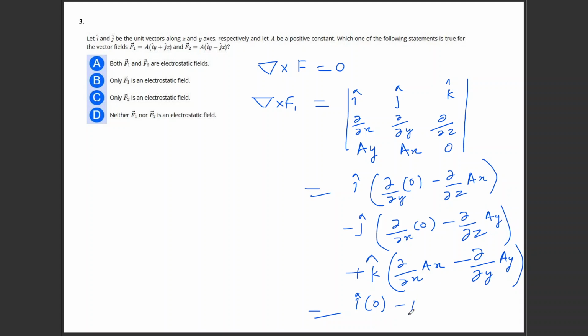So minus j cap into 0. Now dou by dou x of ax, a is a constant, so if you differentiate it, you'll get a. Dou by dou y of ay is again a. So a minus a is 0. So k times (a minus a).